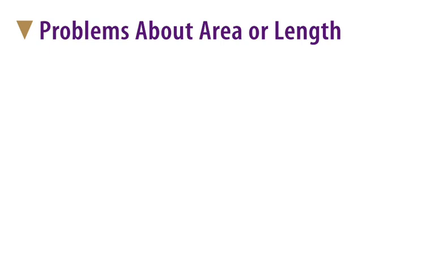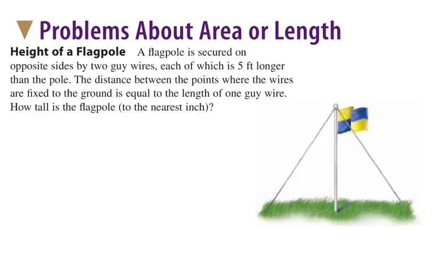All right, area, length. This requires you to remember formulas that you have from your past. These are your geometric formulas for area, perimeter, sides of right triangles, sides of everything. So here we have a flagpole, and it has guy wires. Guy wires are wires that are staked to a pole to keep the pole from falling over in one direction or another.